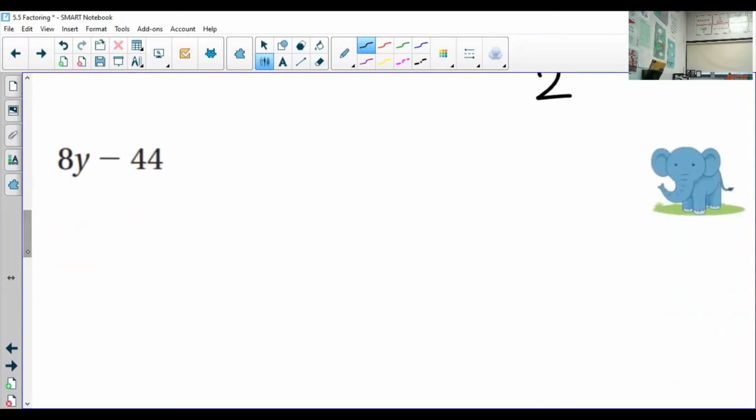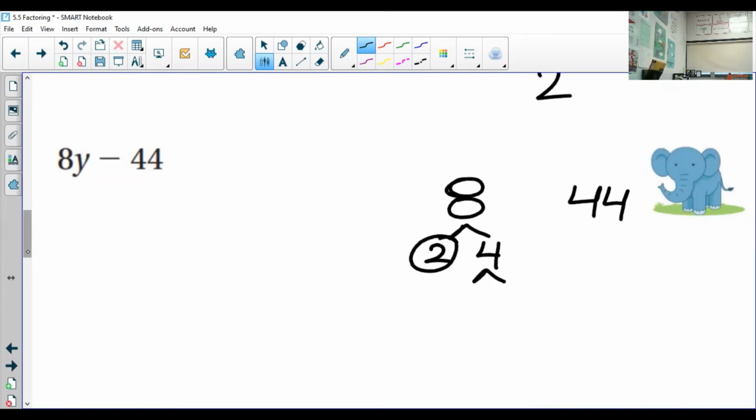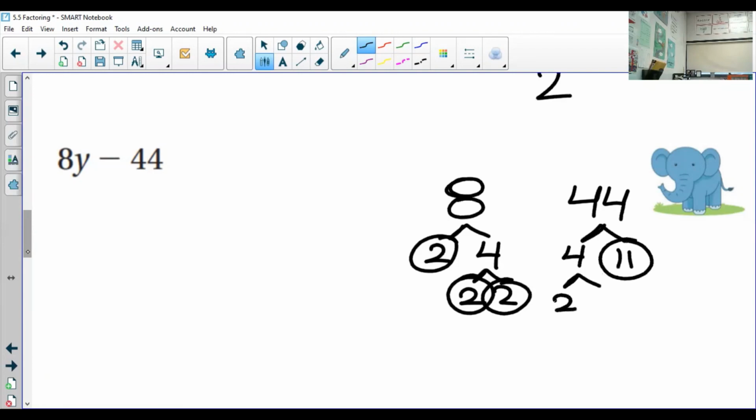Let's do another one, 8y minus 44. Again, if you know this off the top of your head, you don't have to do the factor trees, but I just want to double check and make sure, so I'm going to do it all out.